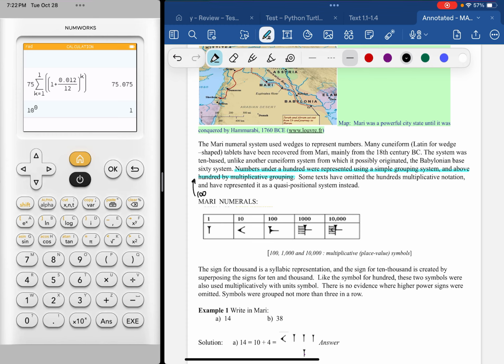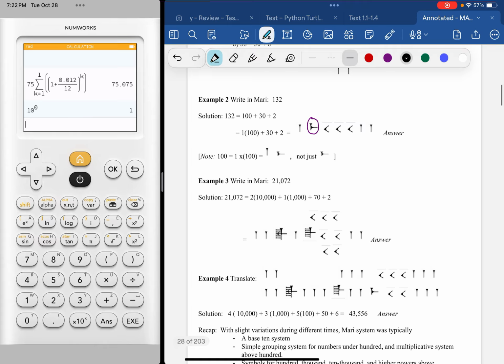This is 100 and above. That being said, the 100 symbol, if I forgot the 1, I think most people would look at it and say, well, I think I know what you meant. But to be technically precise, we would have to have that 1 associated with it. So 100, and then anything below the 100 can be represented using the simple grouping systems.